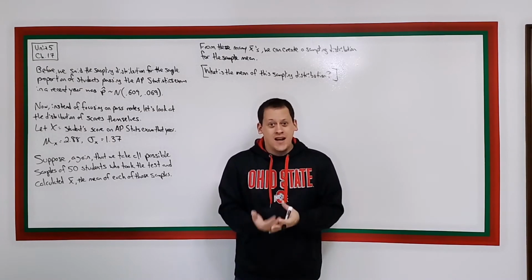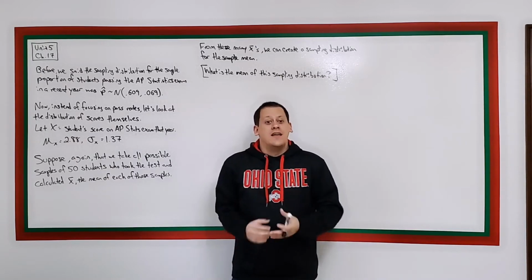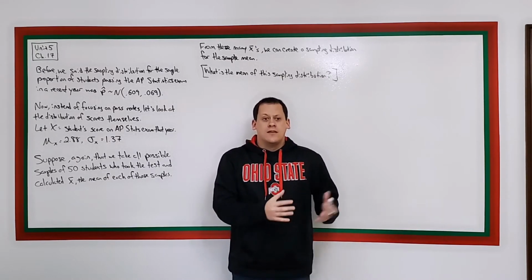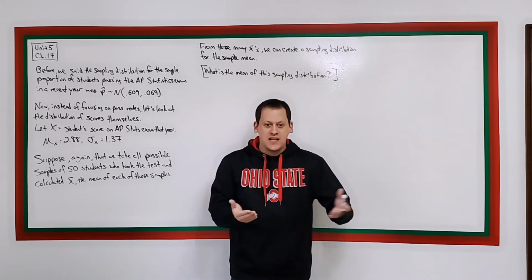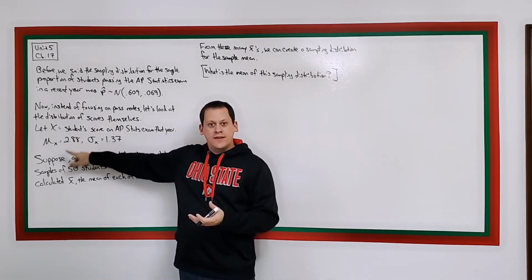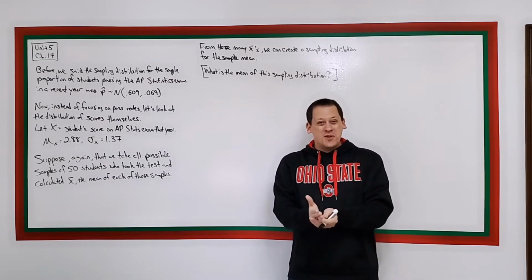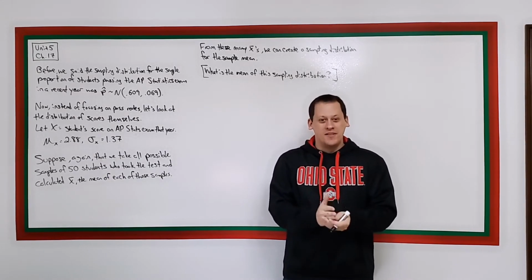If you're guessing any number other than 2.88, I'd like to know why. Right? If we're taking sample means, then the mean of those sample means should be the population mean. And in fact, it is. The mean of the sampling distribution of sample means is the population mean.